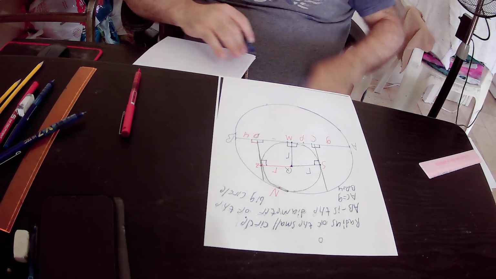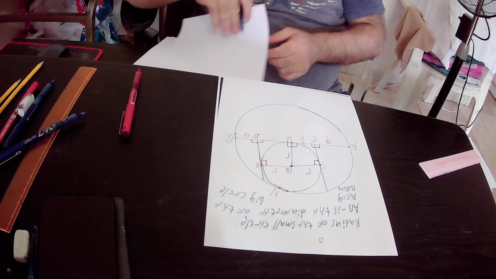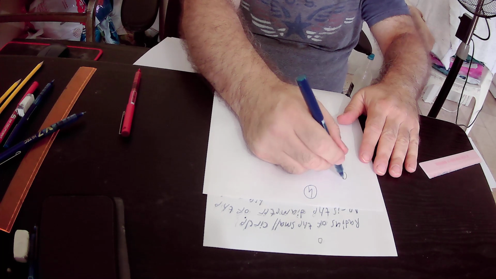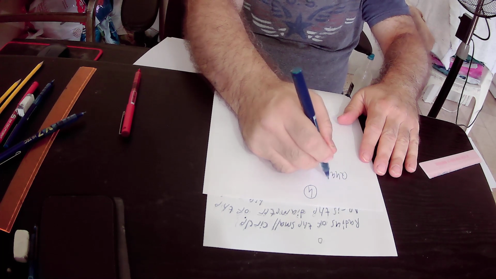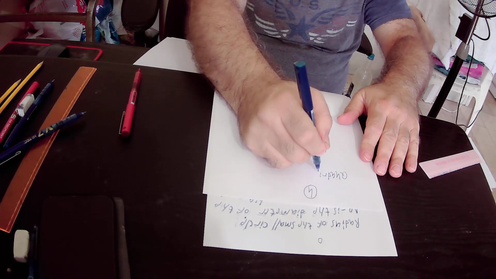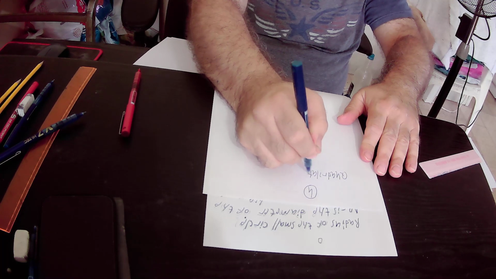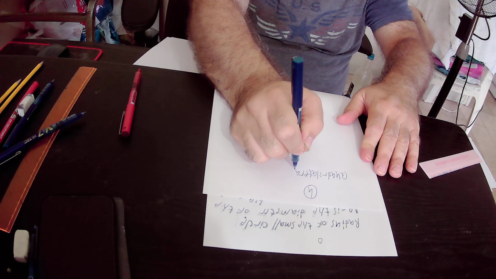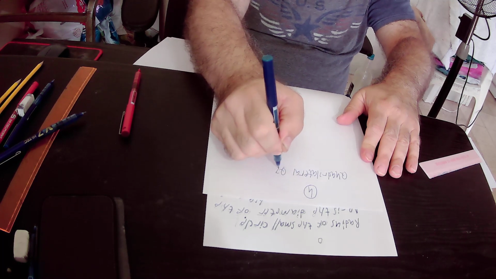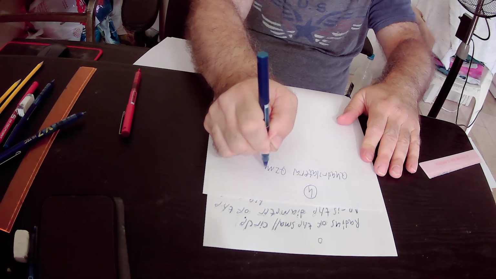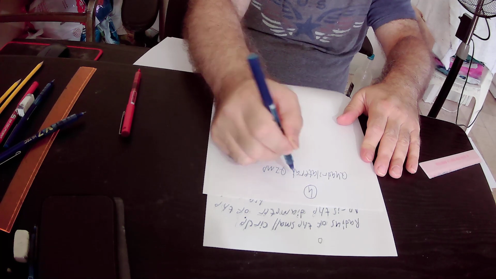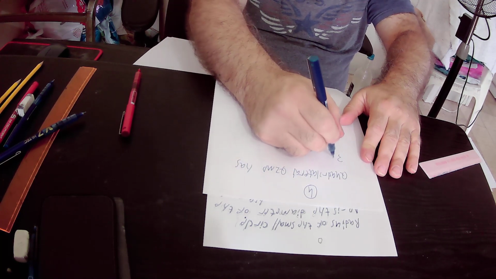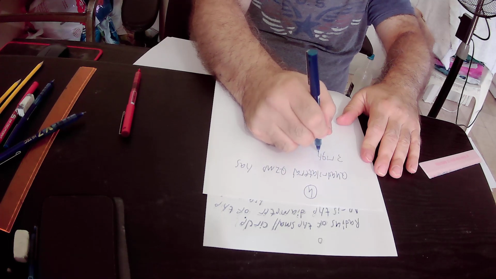Okay, I'll write it down. Quadrilateral QZMD has three right angles.